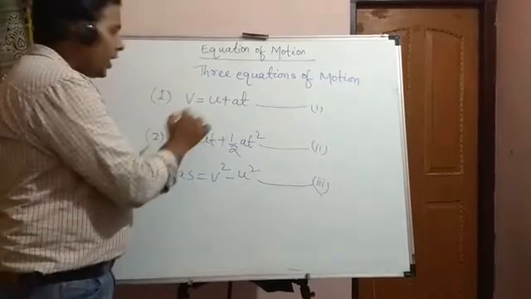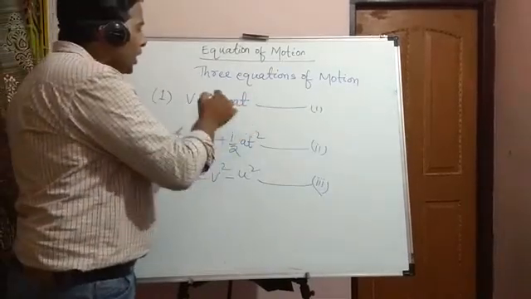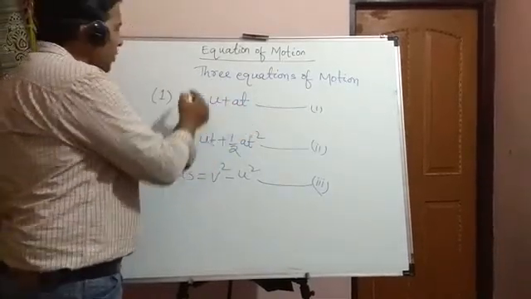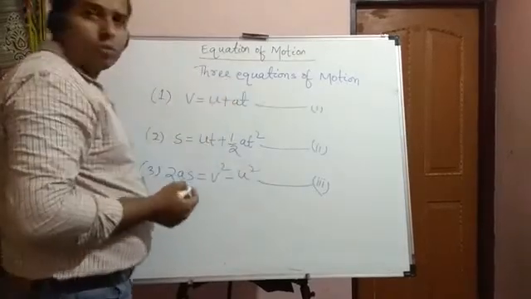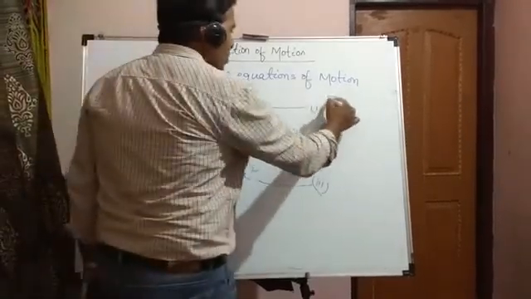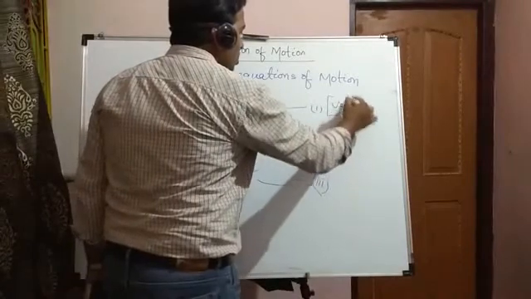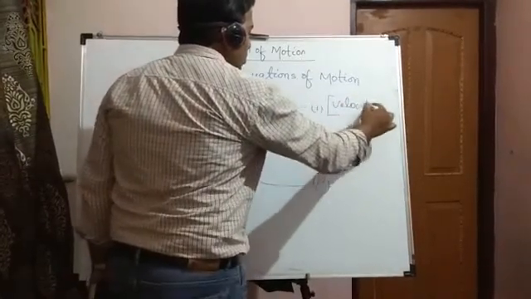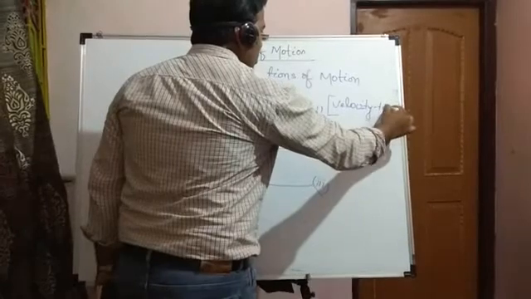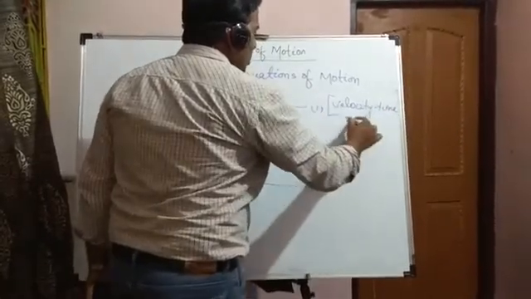Look here. In the first equation, we establish a relationship between velocity and time, so it is called the velocity-time relation.